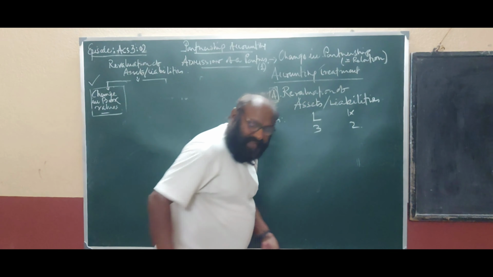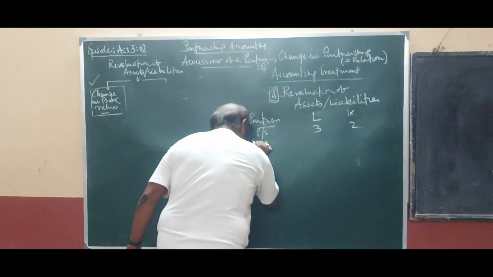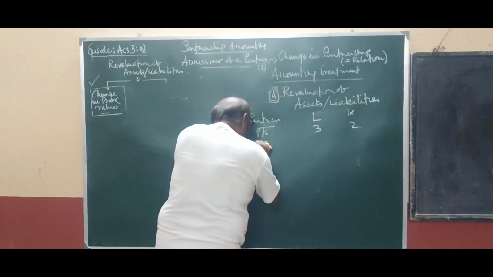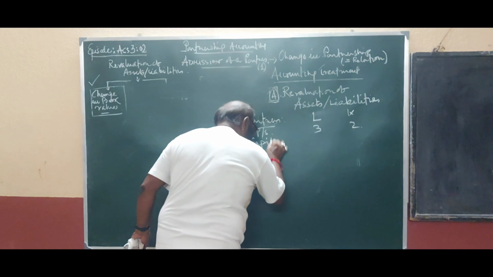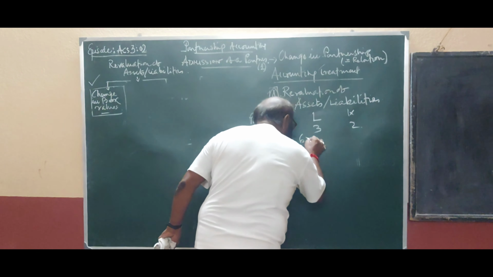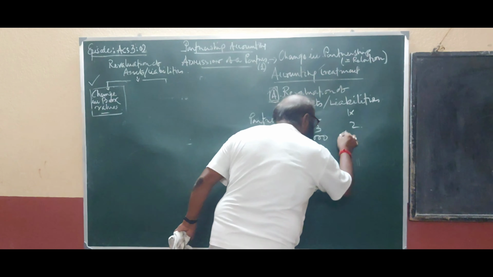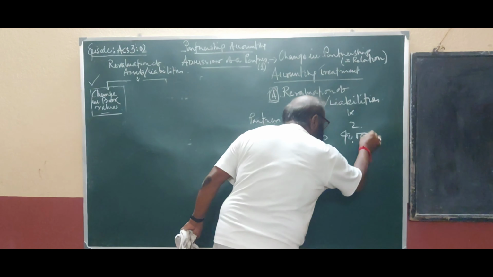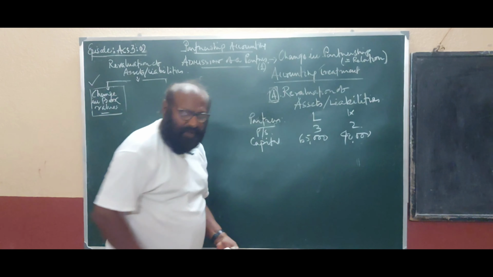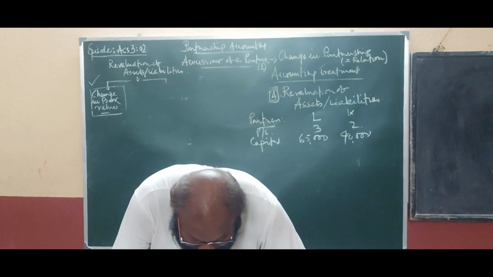The opening capital they are having is 65,000 and 40,000, the capital on the date of the balance sheet. There is a huge amount of information, friends, I am not going to take up all these things.